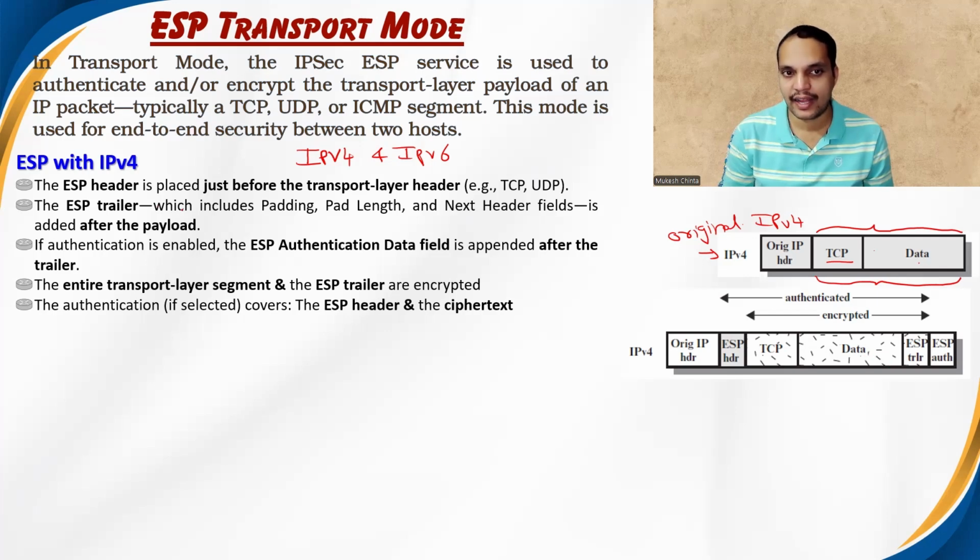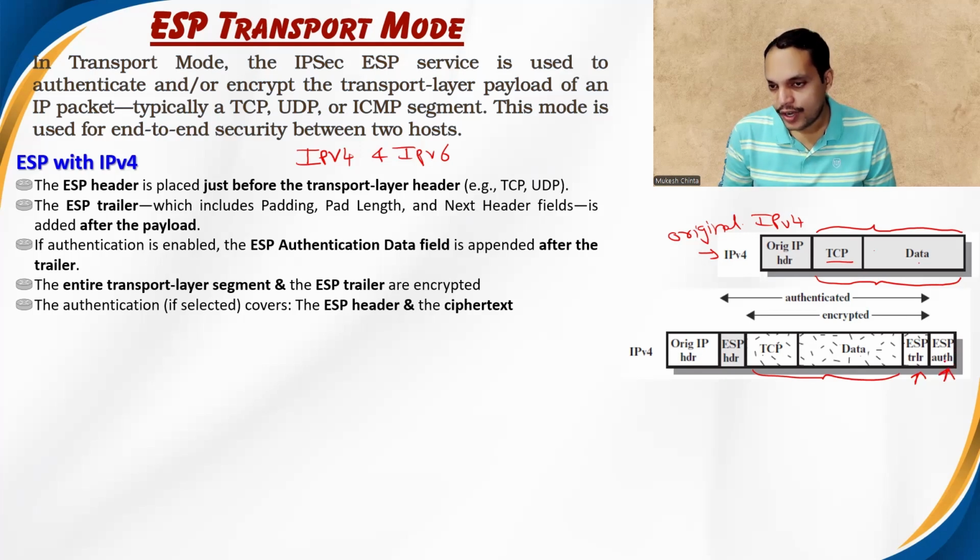The ESP trailer, which includes the padding, pad length, and the next header fields, is added after the payload. So this is the payload of your ESP packet. This is your trailer. And if required, or if you want to implement authentication, the ICV value is placed here, in the ESP authentication.